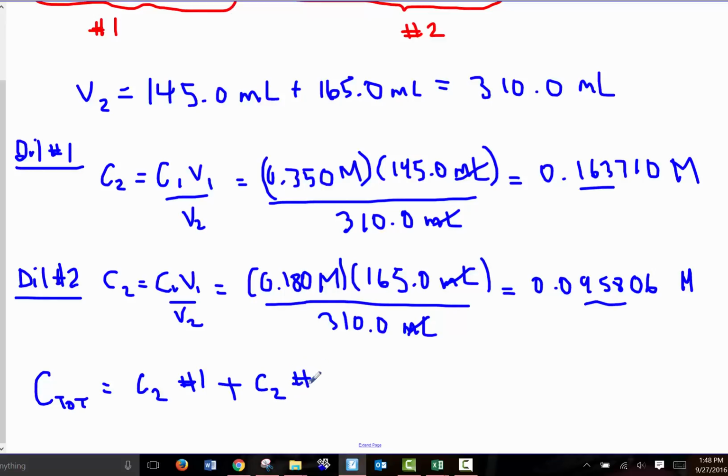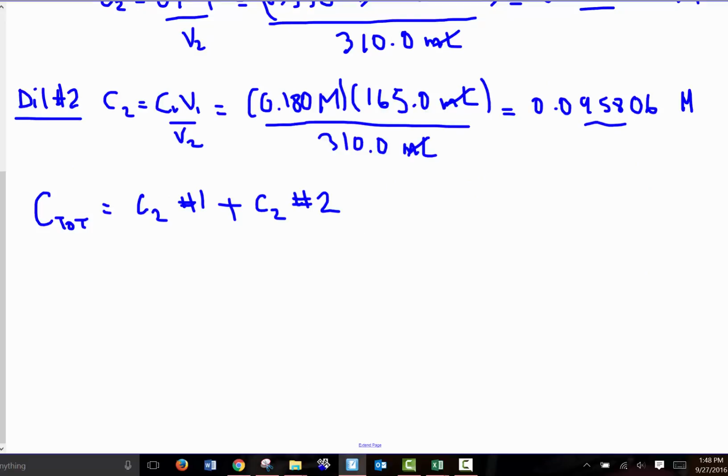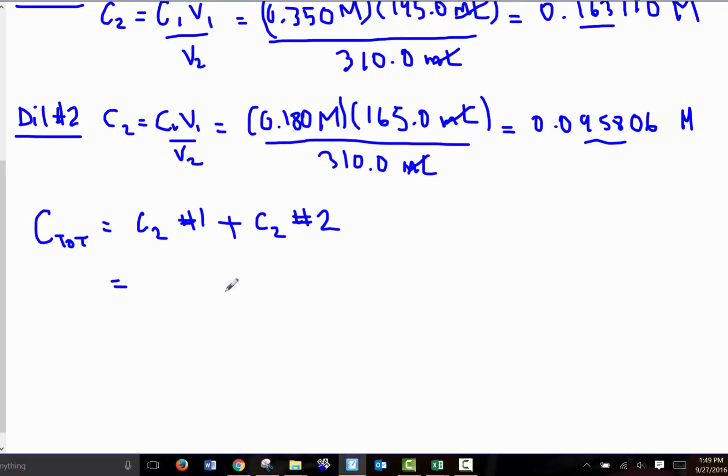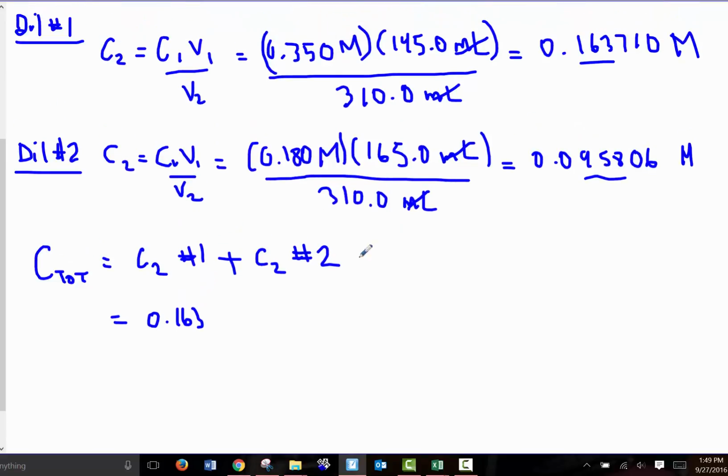Okay, let's go ahead and do this. Okay, so I have my number 0.163710 moles per liter. Let's underline the first 3 digits because those were my 3 sig figs.